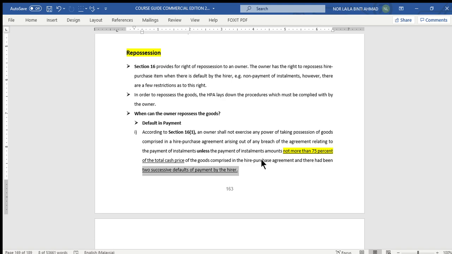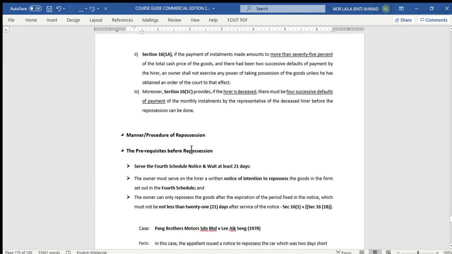conditions under the first provision. So katalah, let's say the hirer has paid more than 75%, so the owner cannot use this provision. So what if the payment of total installments is more than 75%, and there are 2 successive defaults of payments made by the hirer?